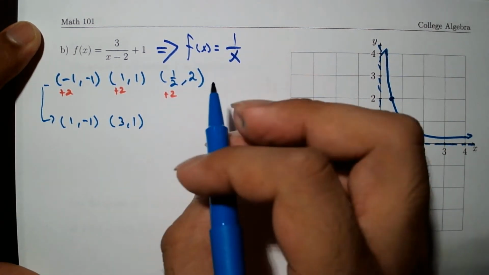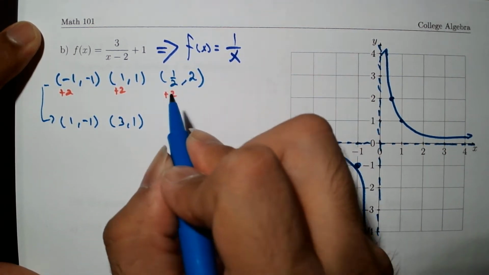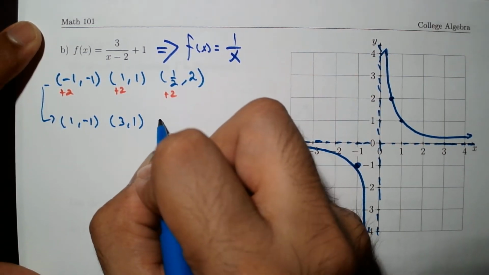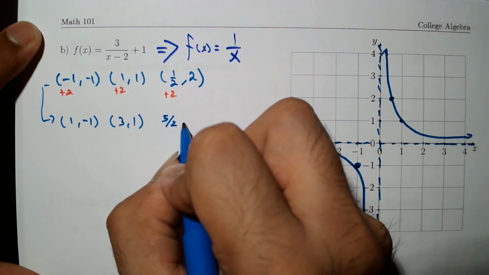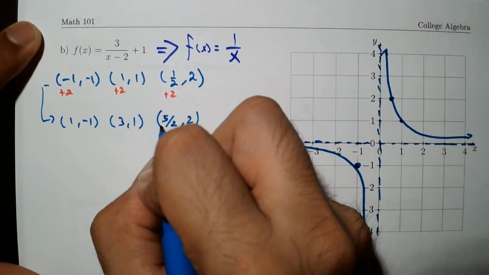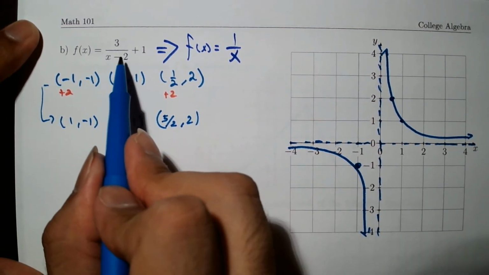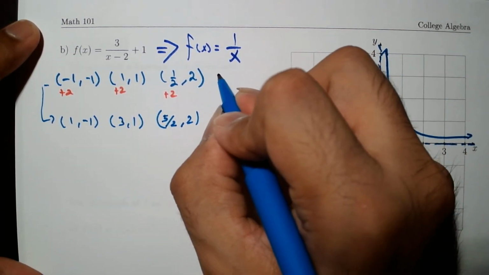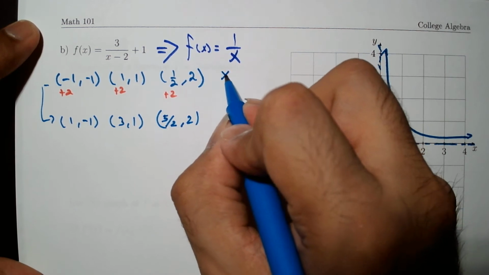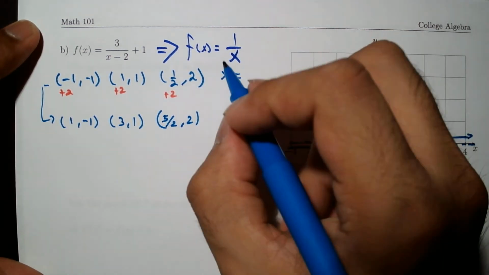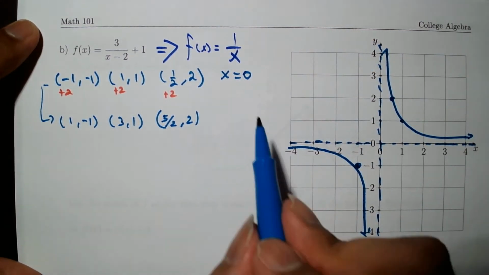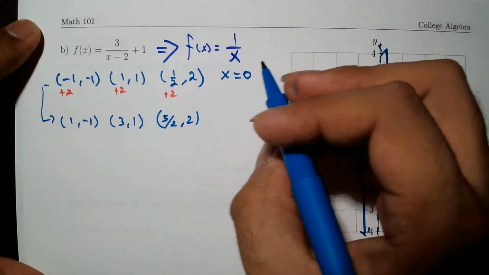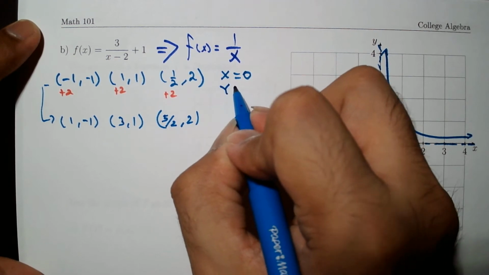what else are we going to do? 2 plus 1/2, that's going to be 5/2, comma 2. Now, in this case, we have the vertical asymptote x equals 0, and the horizontal asymptote y equals 0.